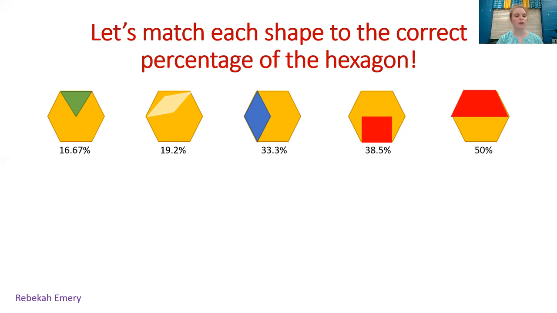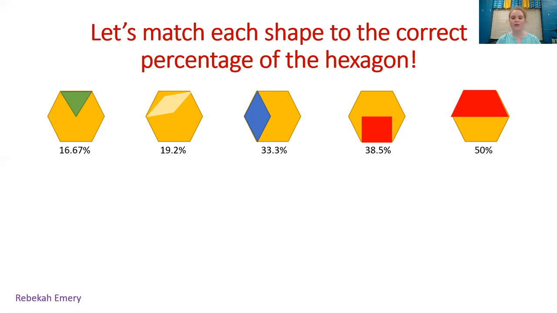So all I have to do to find the whole, I would just multiply 16.67 times 6 to get 100%. I can also see the blue rhombus. It looks like I can fit about 3 of those in there.